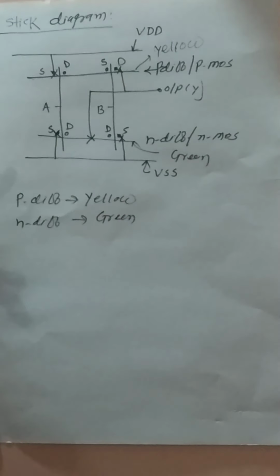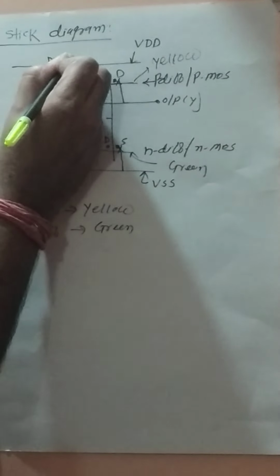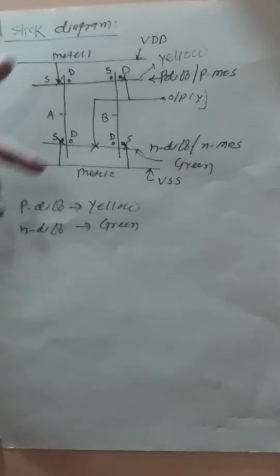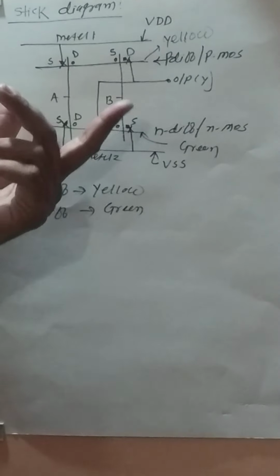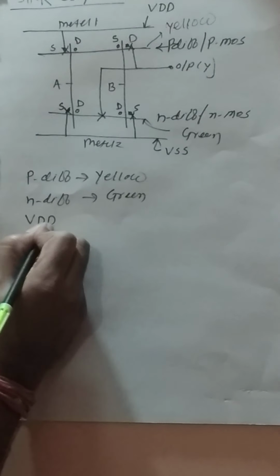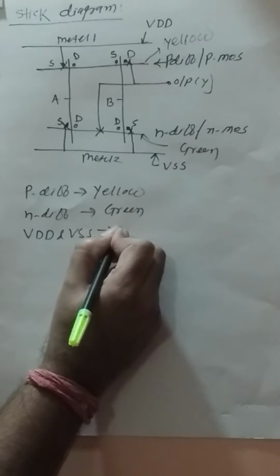Then supply voltage VDD and VSS. VDD and VSS are metal 1 and metal 2. Metal 1 and metal 2 are indicated by the blue color, that is VDD and VSS should be blue color.